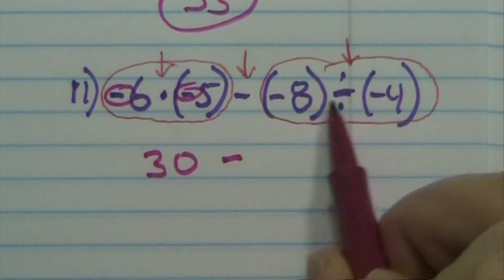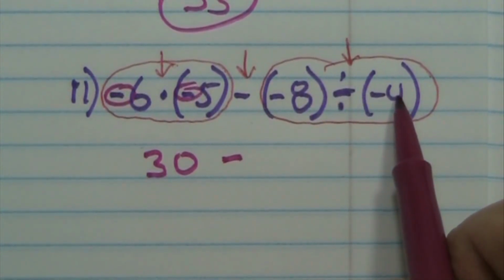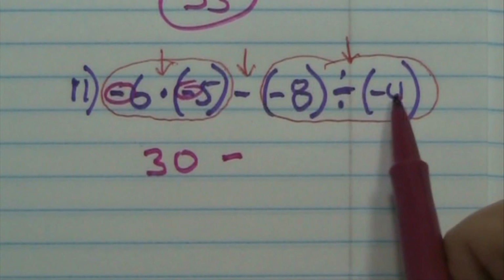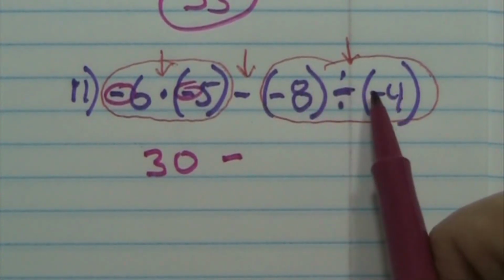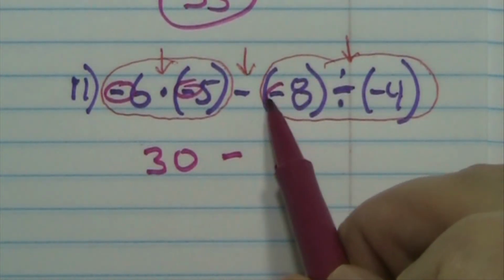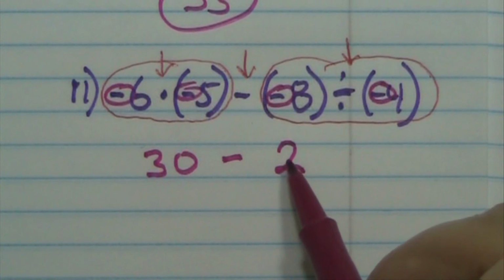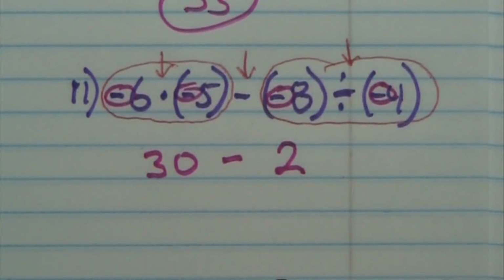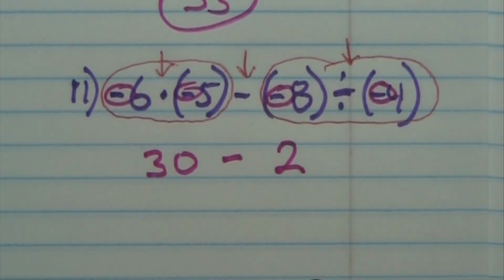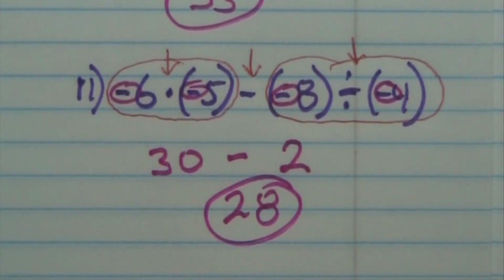I'm going to do this division problem right here. 8 divided by 4 is 2. And I have 1 negative, 2, they cancel. 2 negatives cancel, so it's just 2. 30 minus 2. And there's our answer.